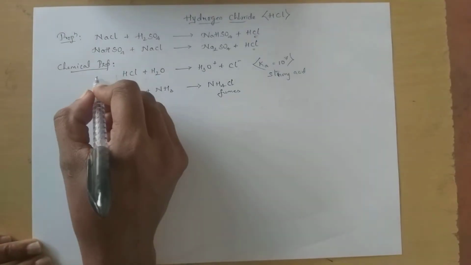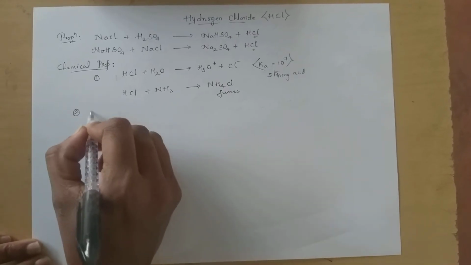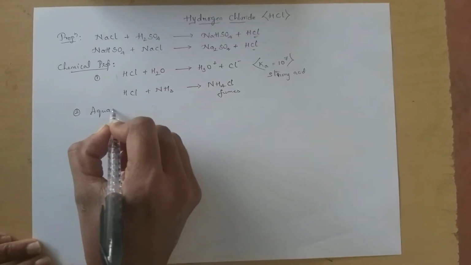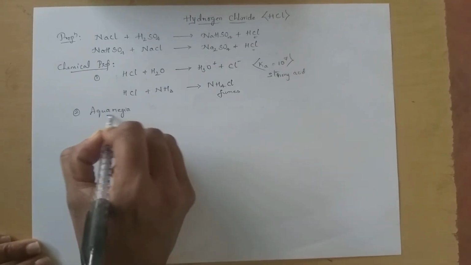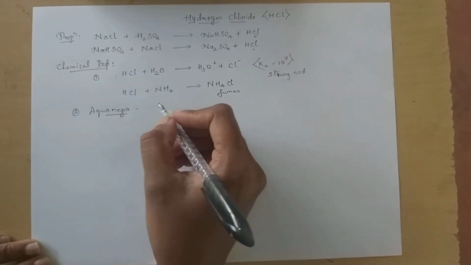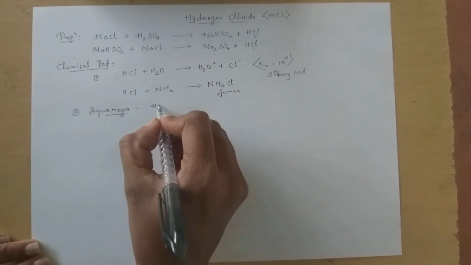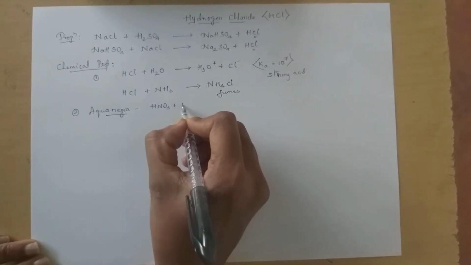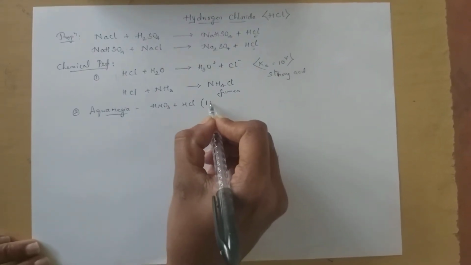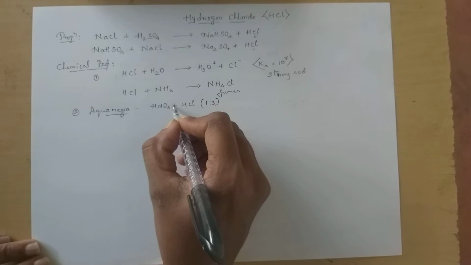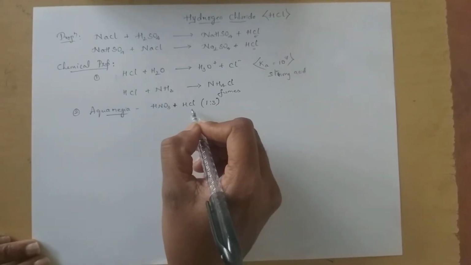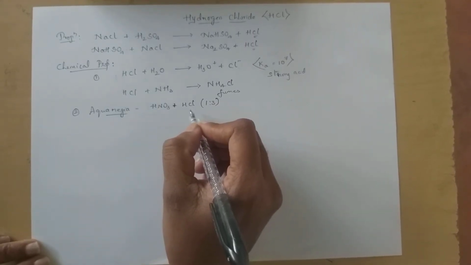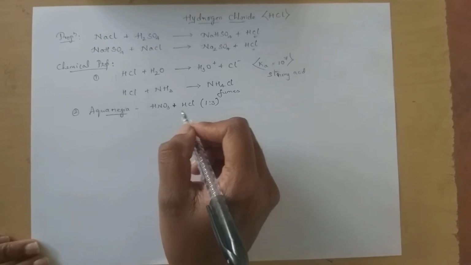Then one more property, that is aqua regia. We have a combination, that is aqua regia, the mixing of HNO3 plus HCl in a ratio 1:3. If we mix HNO3 and HCl in 1:3, we are going to get aqua regia. So what is aqua regia?